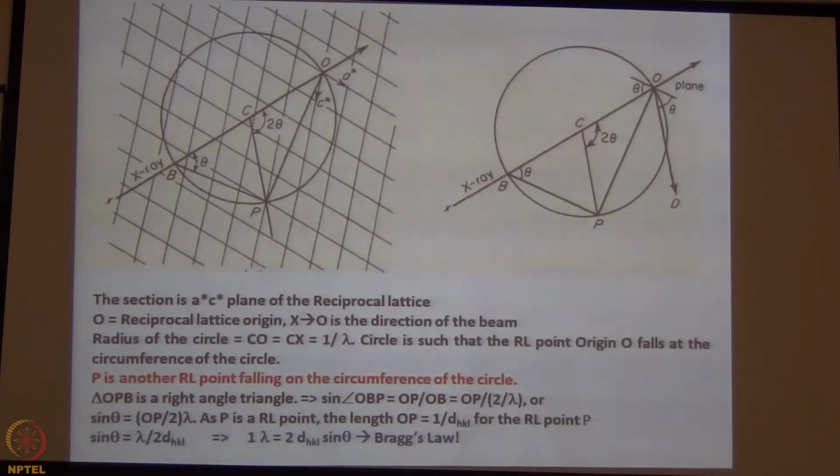What is your answer? Which are the reciprocal lattice points that can be made to pass through the circumference of this circle? Is it only those which come inside during rotation, or the ones which are at some distance from here, or anything?